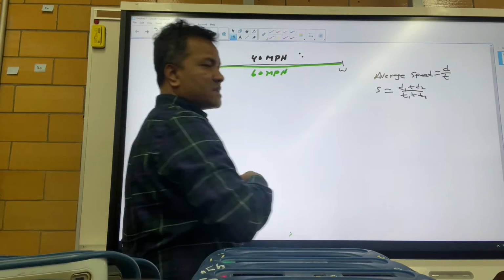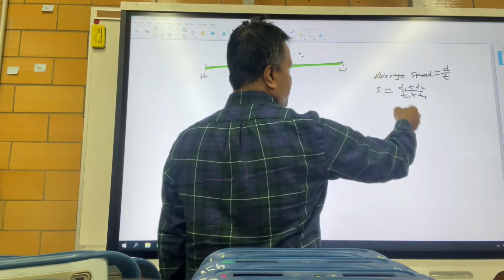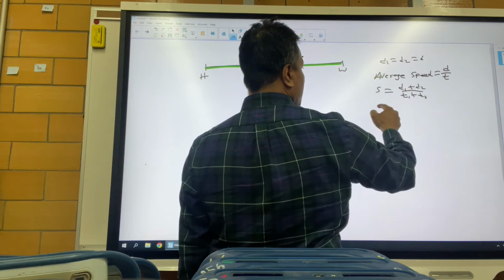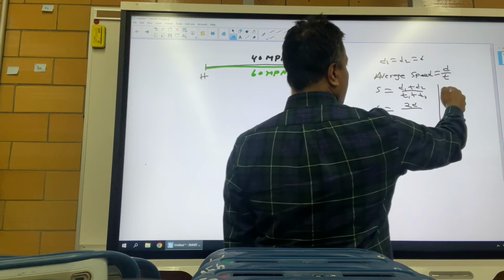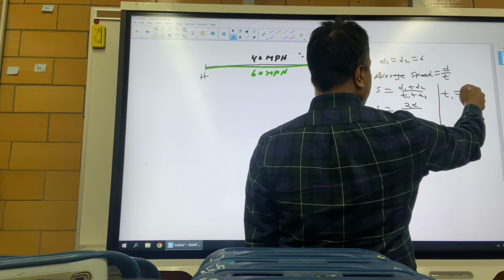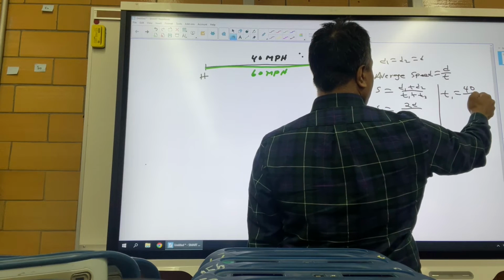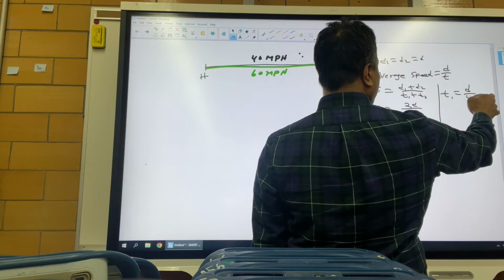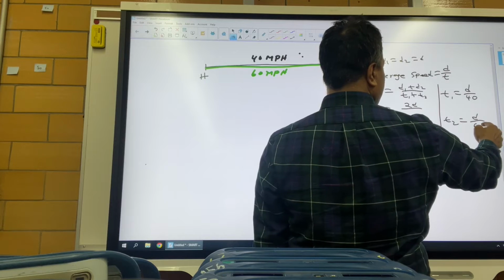The d2 and t2 are supposed to be green, but bear with me. d1 is equal to d2 is equal to d. So we're going to say 2d over t1, which is of course d over v, so d over 40, plus t2, which is d over 60.